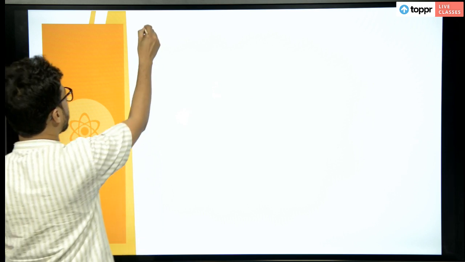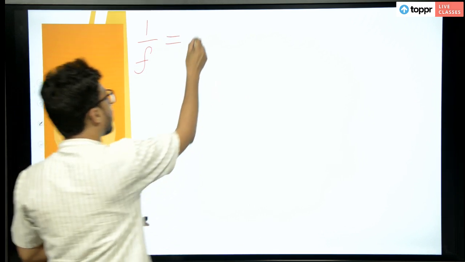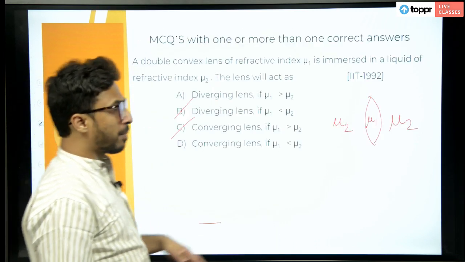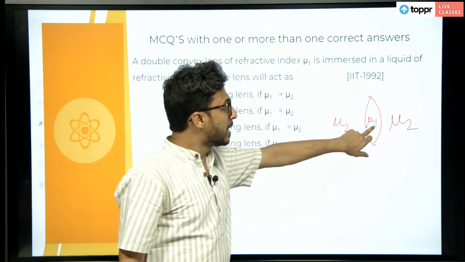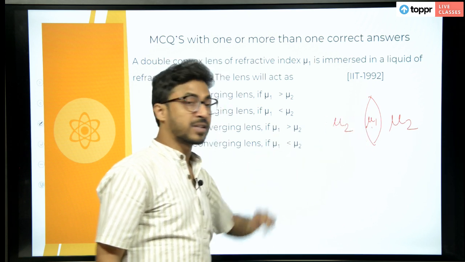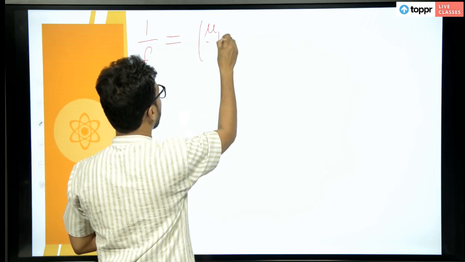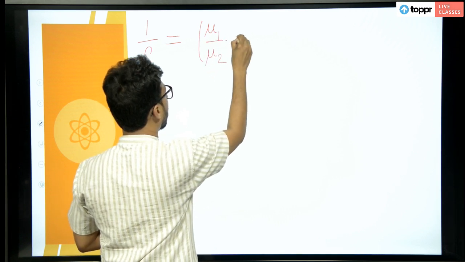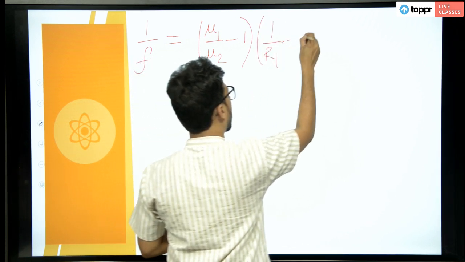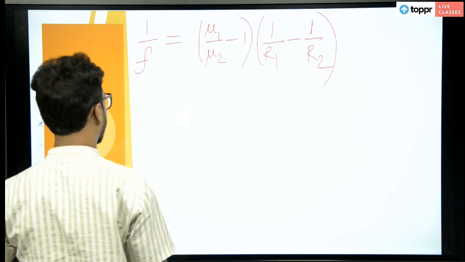See, if you remember the lens maker's formula, it says that 1 by f equals mu1 by mu2, that is the refractive index of the lens divided by the refractive index of the surrounding, minus 1, multiplied by 1 by R1 minus 1 by R2, right?